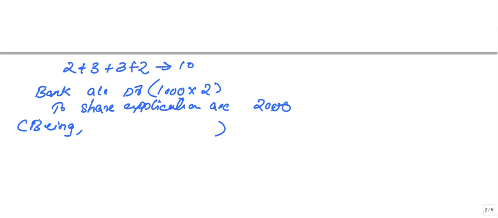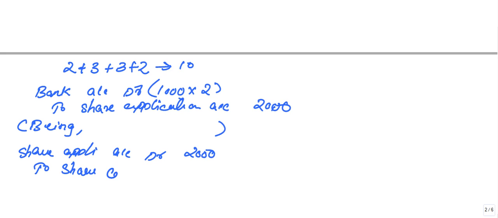Then I transfer this balance to the share capital, not the lump sum amount; in the installment method we transfer only the installment amount. Next journal entry: I cancel my nominal account, share application account debit, 2000 rupees, to share capital account.